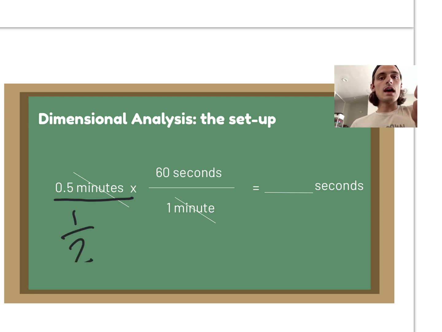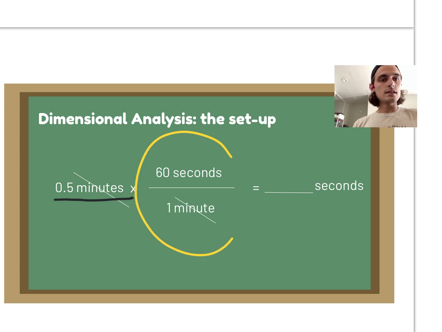We said that our known relationship between seconds in a minute is that there are 60 seconds in 1 minute. So I'll write the 60 seconds over 1 minute. And the way this works is we're just going to multiply straight across.